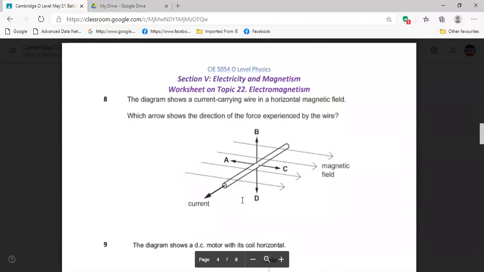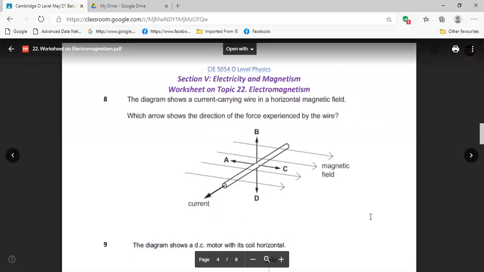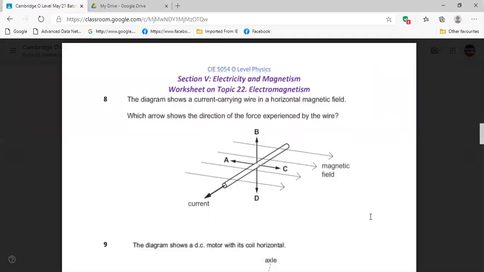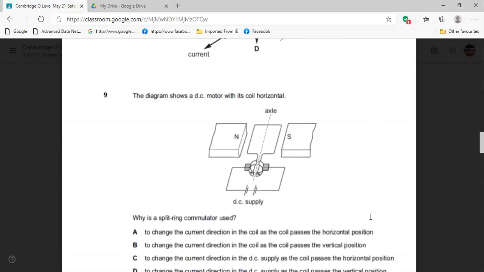It is split ring, not slip ring. The diagram shows a current carrying wire in a horizontal magnetic field. Which row shows the direction of force experienced by the wire? Sir, B. Yes, B.